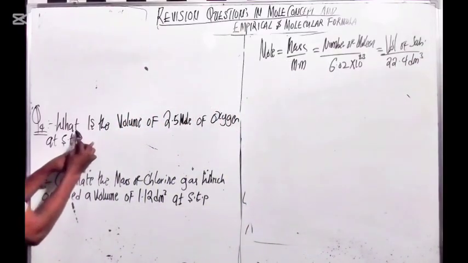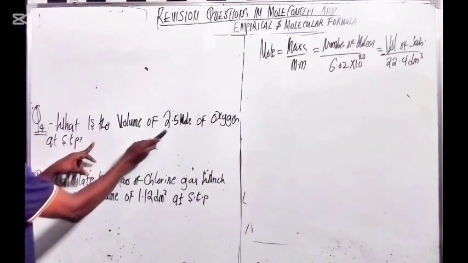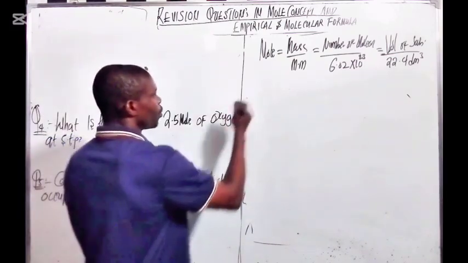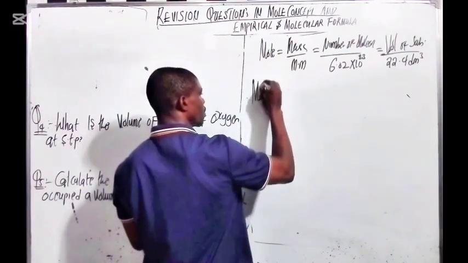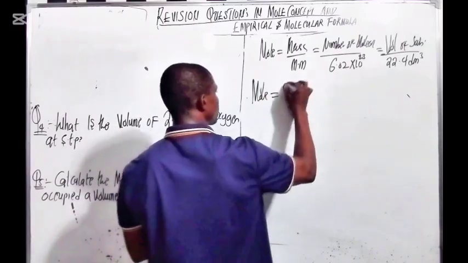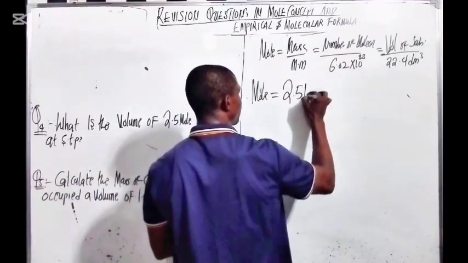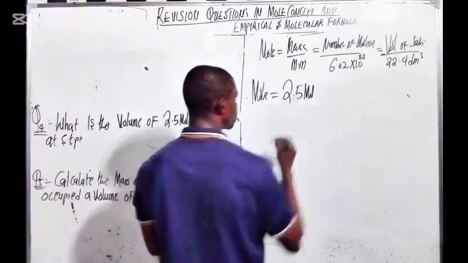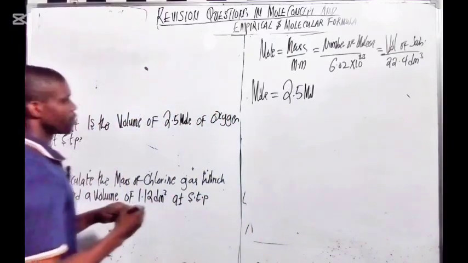So they say what is the volume, right? They gave me the mole, which is 2.5 mole.